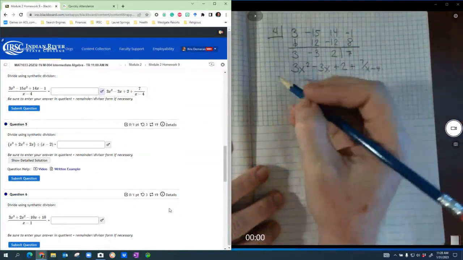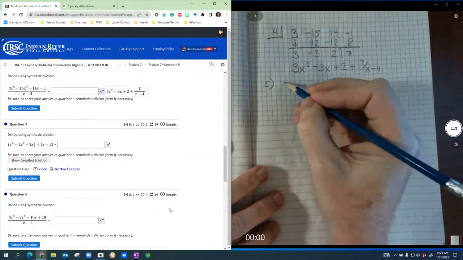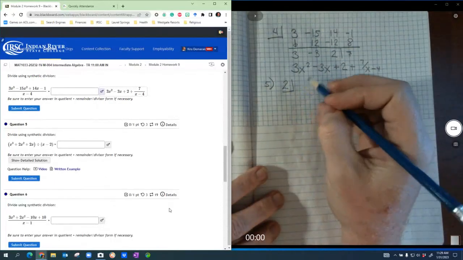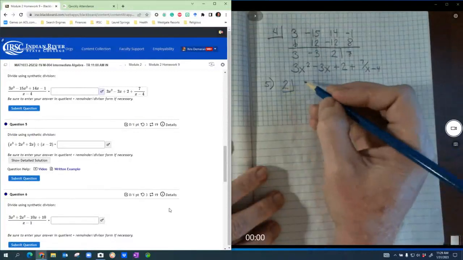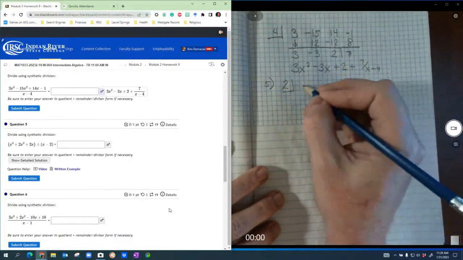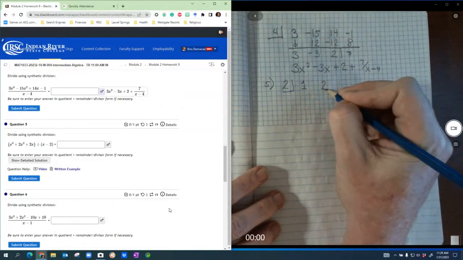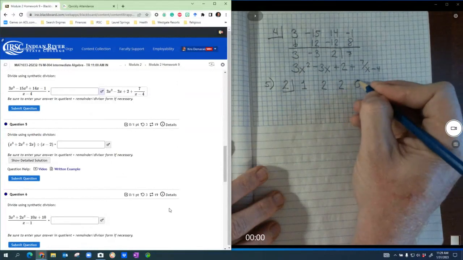Alright, this is number 5. So we have 2. Excuse me, not 3, my mind is not working. Opposite of 2. Anyway, I'm looking at that 3 for the x and the power. So that's 1, and then that's 2. That's 2. I don't have a constant, so I'm going to put a 0.